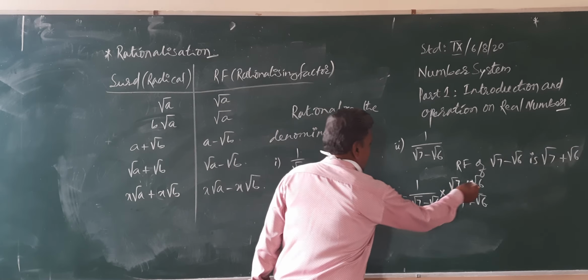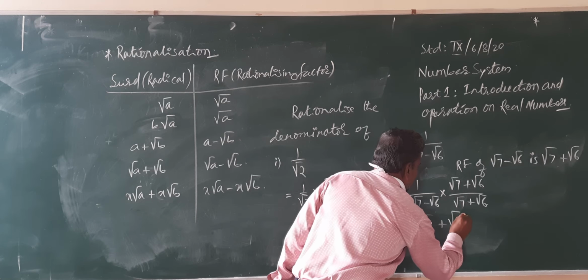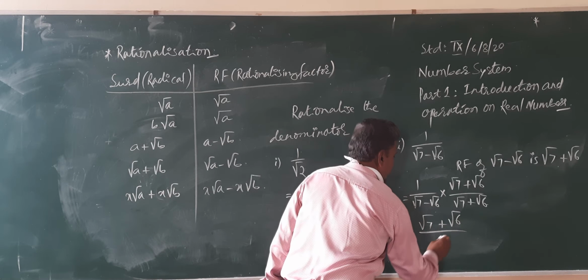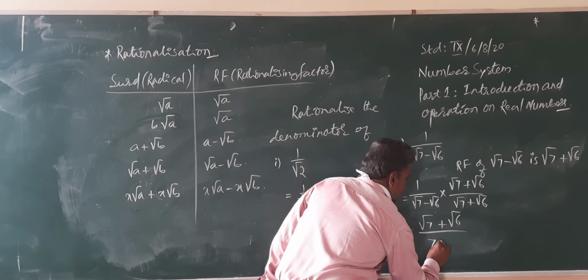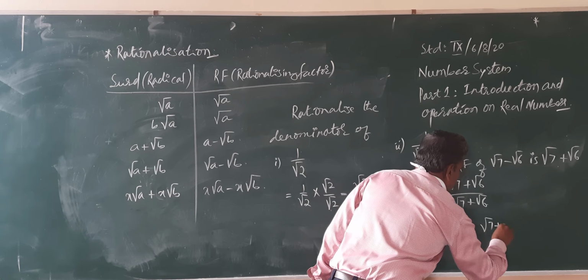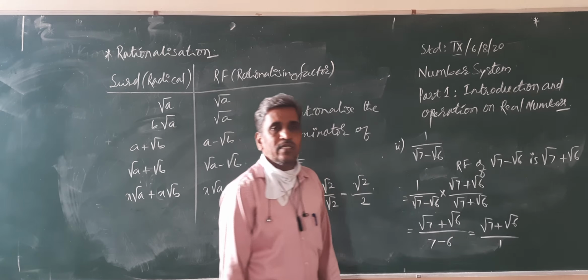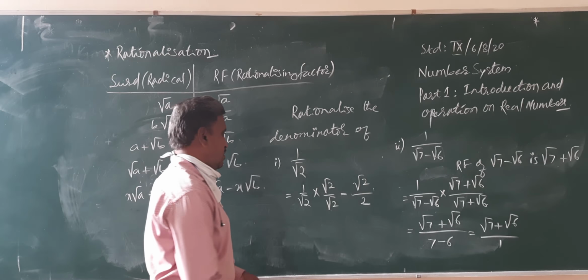The numerator is as it is, root 7 plus root 6, divided by a minus b times a plus b, that is a square minus b square, which is 7 minus 6, equal to root 7 plus root 6 divided by 1. The denominator is a rational number.